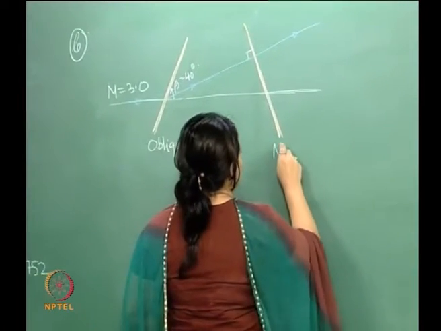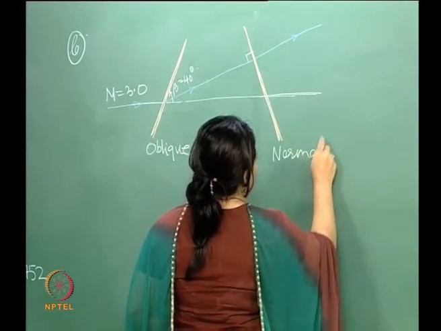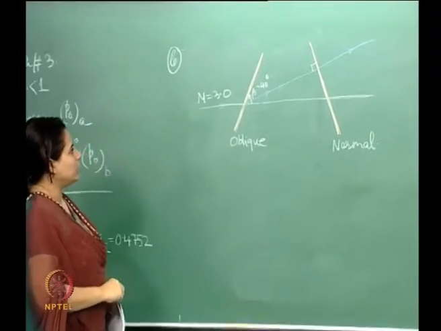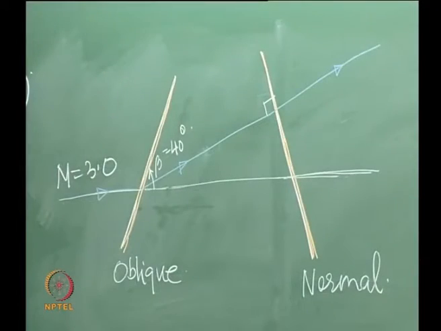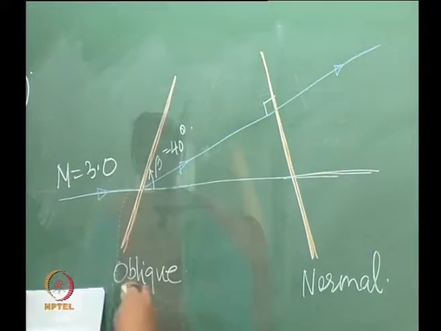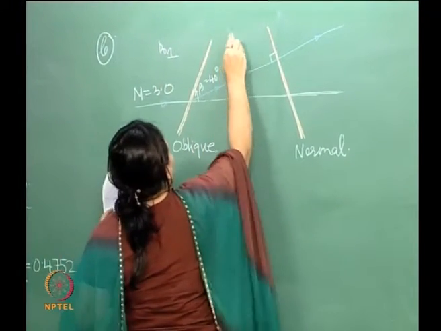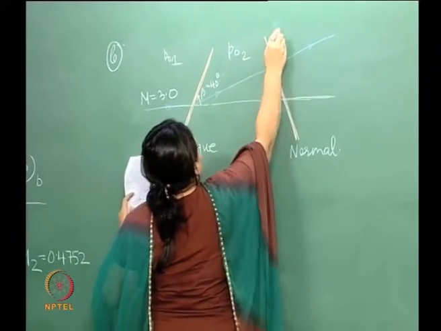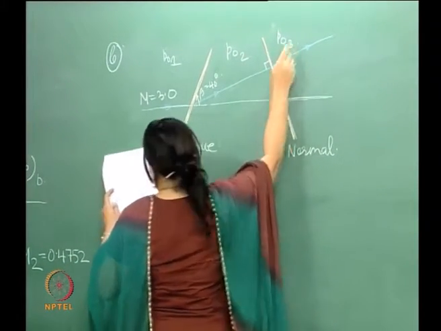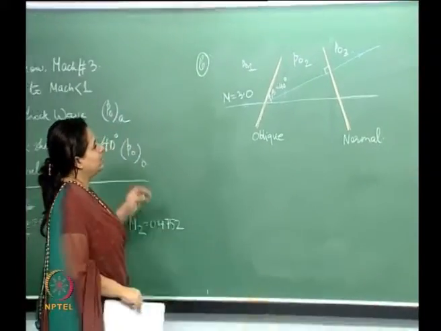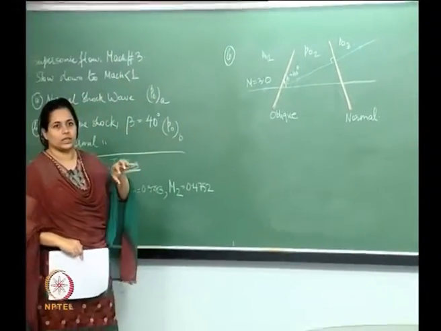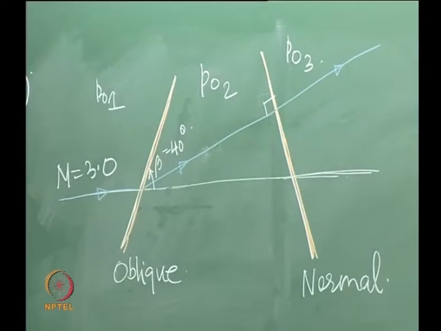So this is the normal shock. I'm going to call this P01. These are going through changes in properties; you can consider the flow field as composed of 3 regions. So you've got this, this and this, okay.